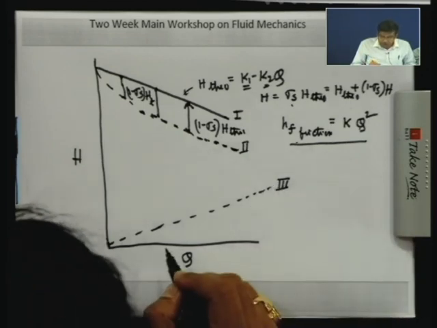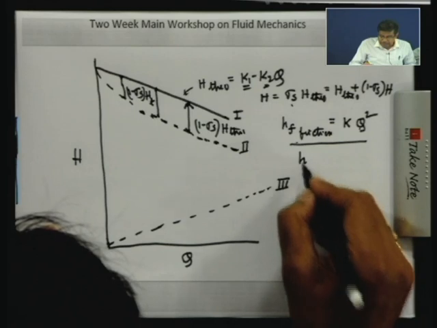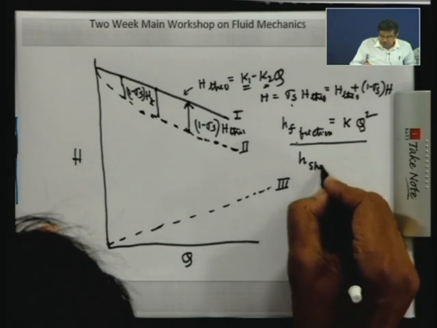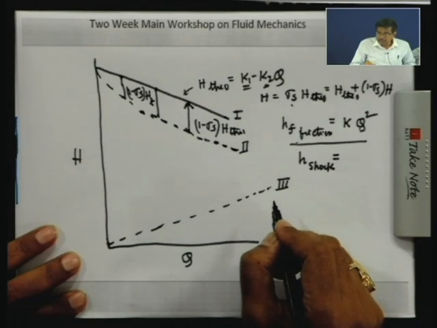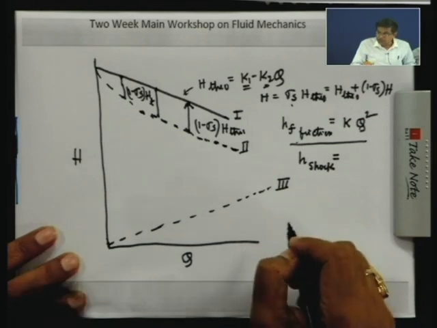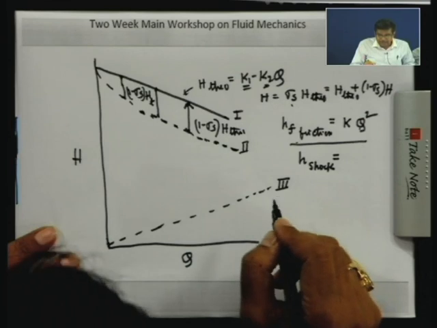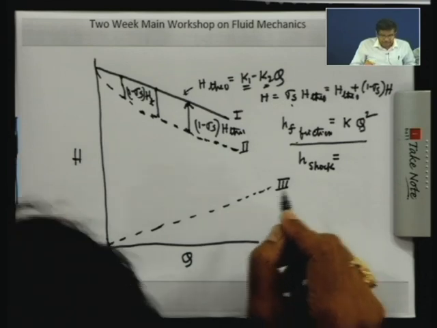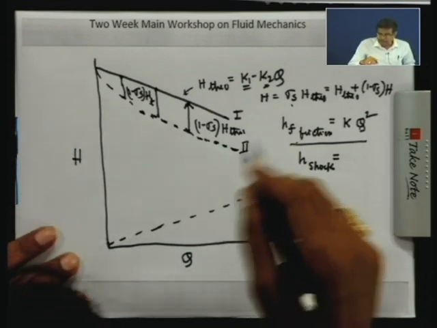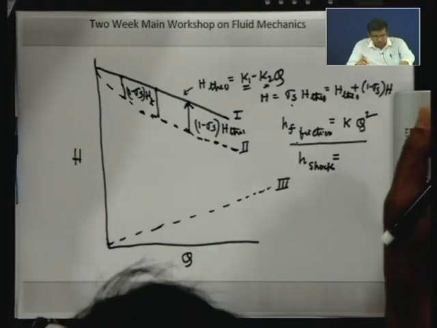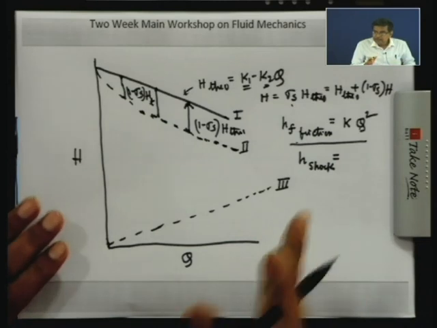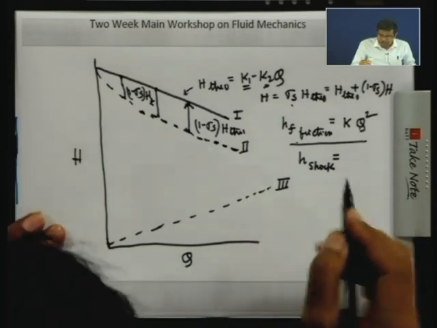Now another loss we will consider is H shock loss, because of shockless entry and shockless exit at off design condition. Only at design condition do we expect that the velocity at the inlet and outlet will glide along the blade, but it will not be so at off design condition. There will be a change in direction.